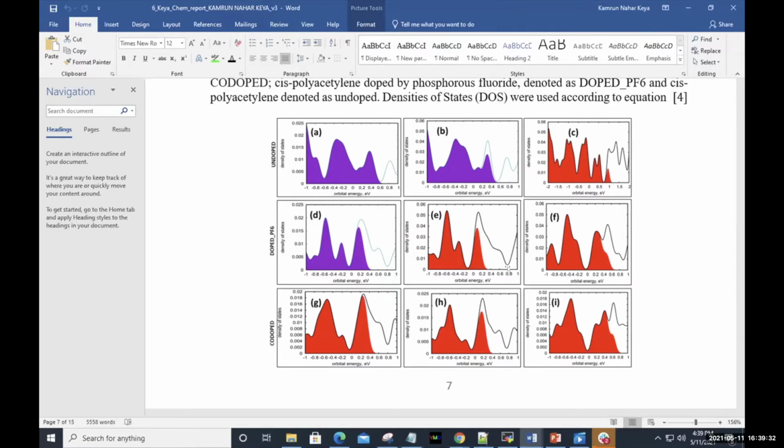I have a question. Yes, please. I'm not so familiar with this kind of plot for the LUMO. Is there any orbital that is partially occupied in this system?